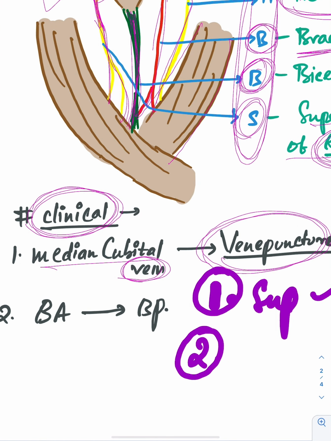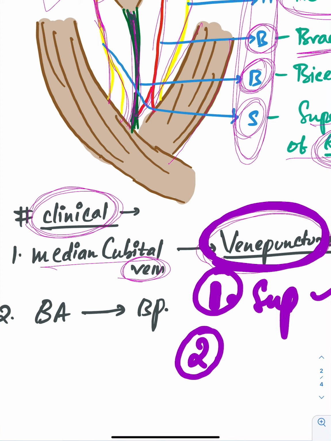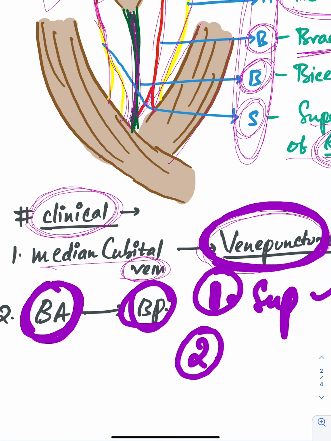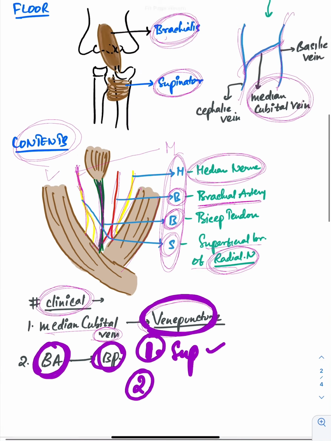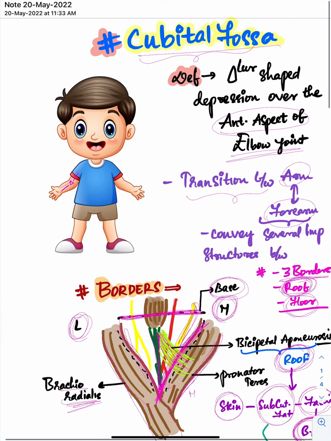So all these points make it the choice for venipuncture. And the brachial artery present here, its pulsations are observed during the universal measurement of blood pressure. So while measuring the blood pressure, we'll be mainly monitoring this brachial artery pulsations. Okay, this is all about the clinical aspect of the cubital fossa.